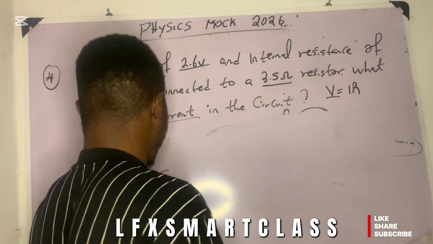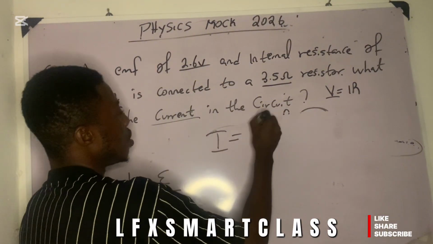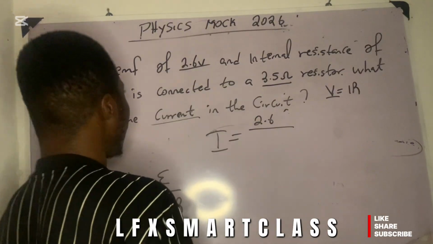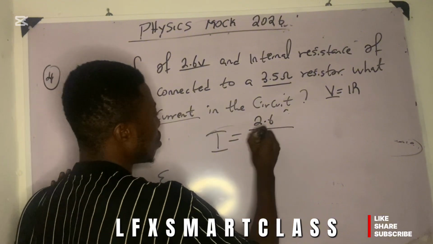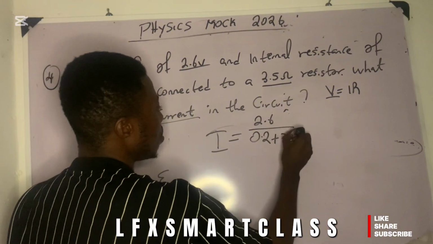Our current will now be: what is our EMF? 2.6, all over 0.2 plus 3.5.